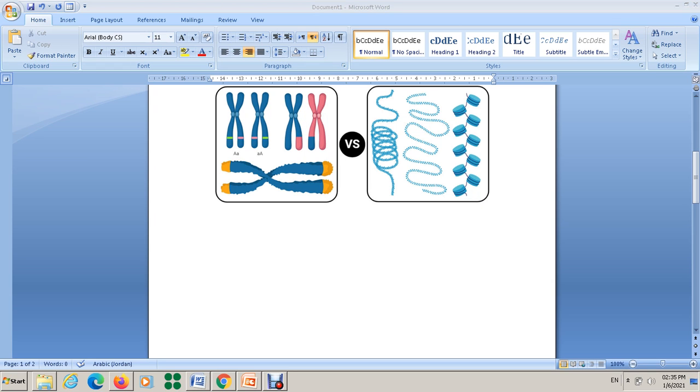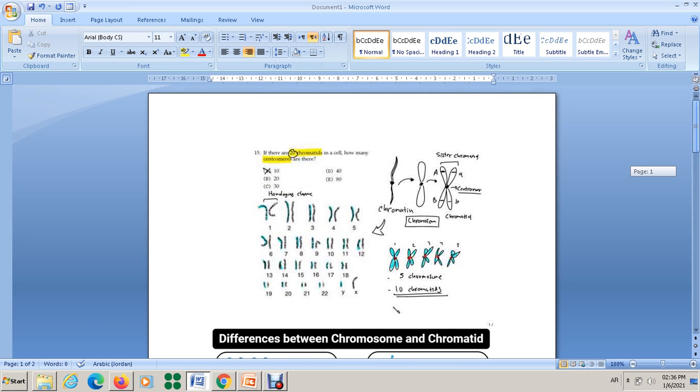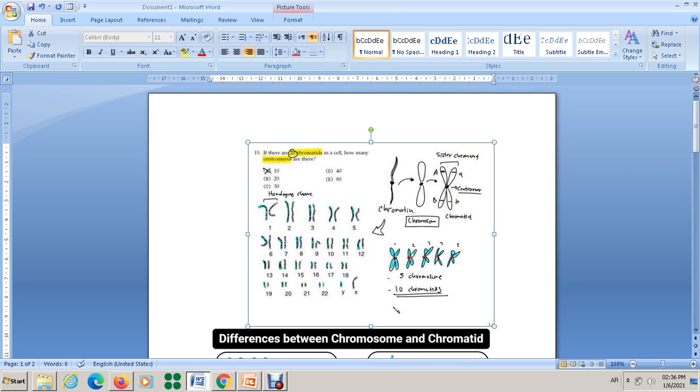I want to show you another one here. Look at this one. This is the chromatin, which is only what? The DNA with the protein, which starts to condense to make a chromosome, an X-like structure after copying, so it will make these sister chromatids, and all of it is called a chromosome.